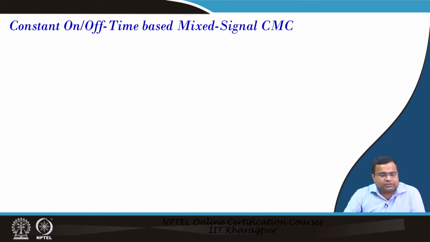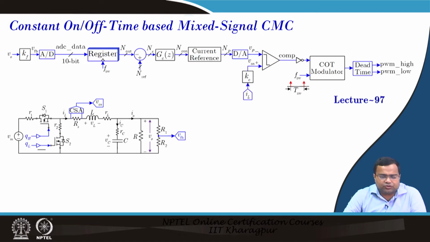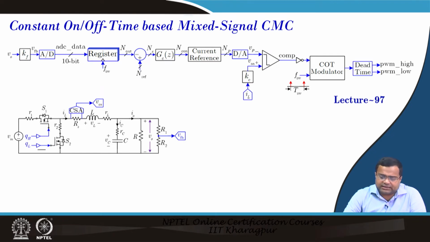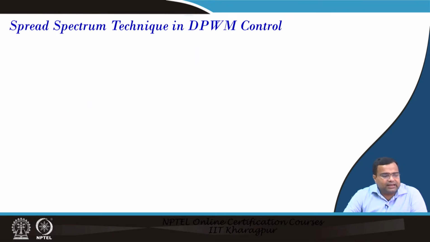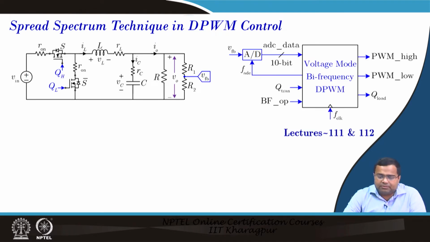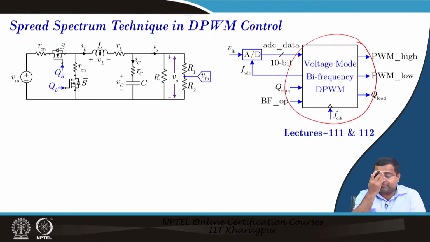Then we have also discussed constant on-off time mixed signal current mode control and the architecture exploration. We discussed this aspect in lecture number 97 with the hardware demonstration, and we developed this core architecture using Verilog HDL. Then we have also discussed the phase spectrum technique in digital pulse width modulation control, and we developed the Verilog HDL synthesized code and did FPGA implementation in lectures 111 and 112.